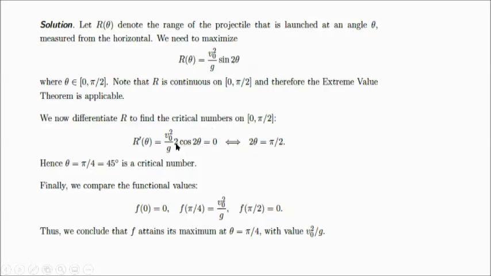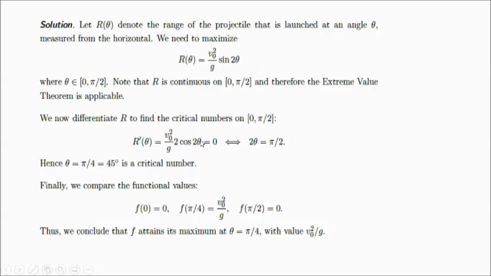And why is there a 2 there, class? Because the derivative of 2 theta is 2. Okay? So when we equate that to 0, it becomes 0 when the value here is 90 degrees. Okay? So that is pi over 2.